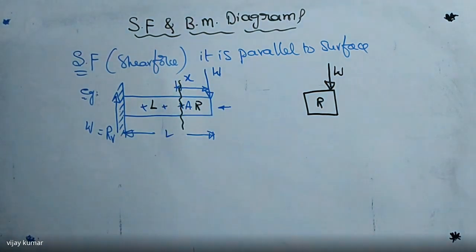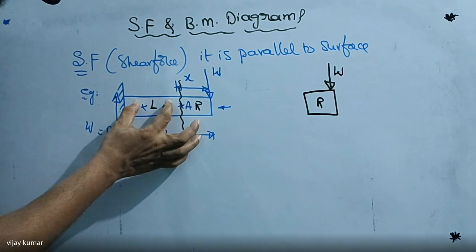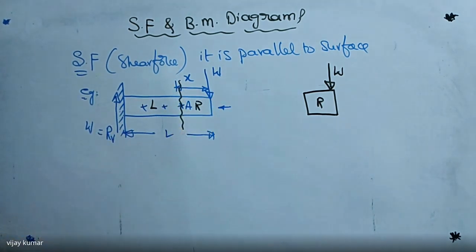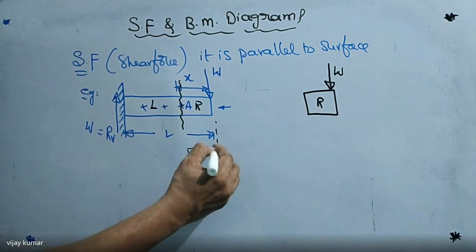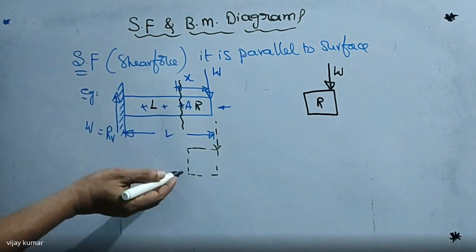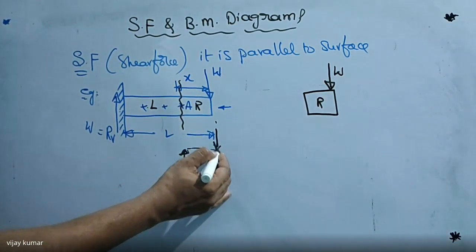In which direction? According to Newton's third law, when the part is moving in downward direction, this portion always applies some force in upward direction. Is it right or not? According to which law? Newton's third law.